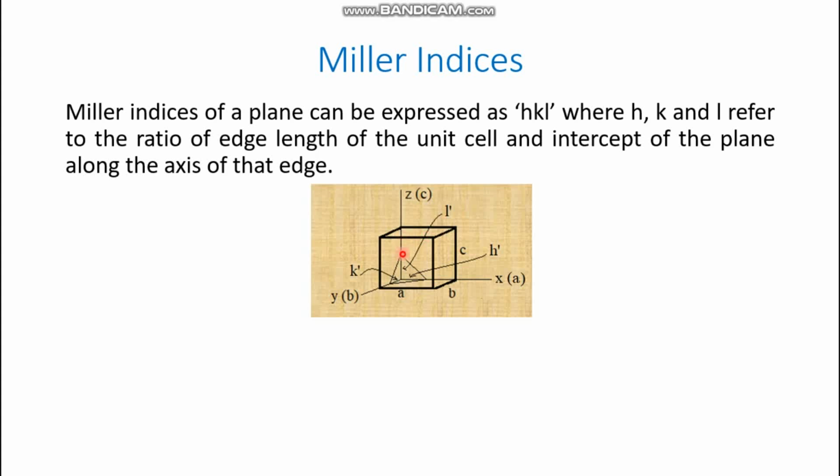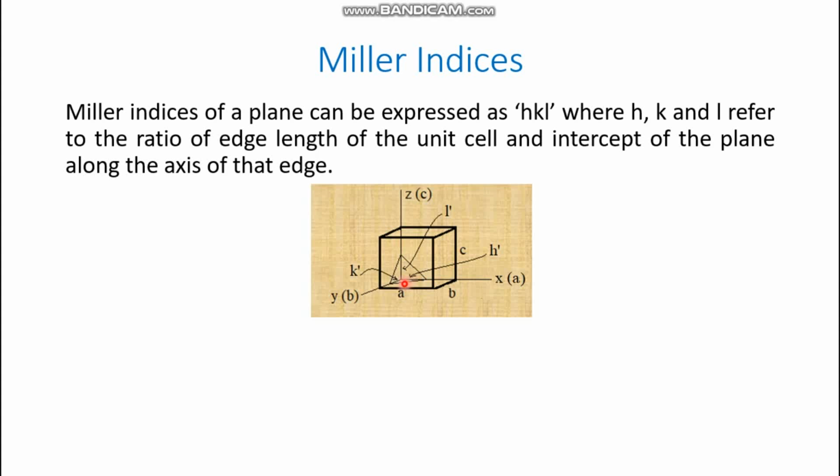Now, this is the unit cell which is aligned along these 3 axes, and the edge length along the a-axis is small letter a, the edge length along the b-axis is small letter b, and the edge length along the c-axis or z-axis is small letter c. The ratio of a and h prime is called h.